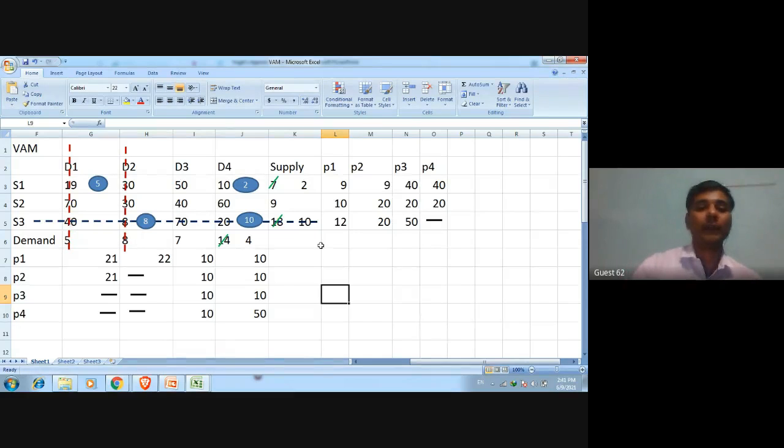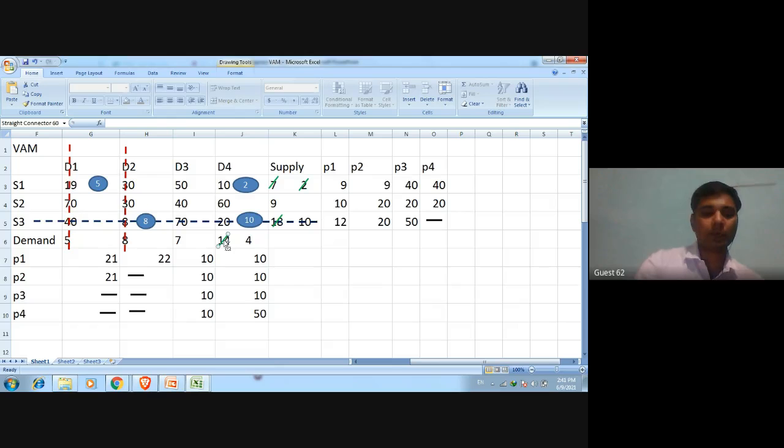Now, again, the supply of plant S1 is exhausted now. But the requirement of D4 is still remaining with 2 units.